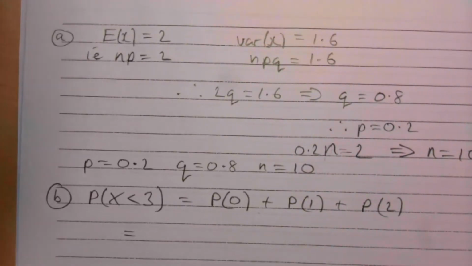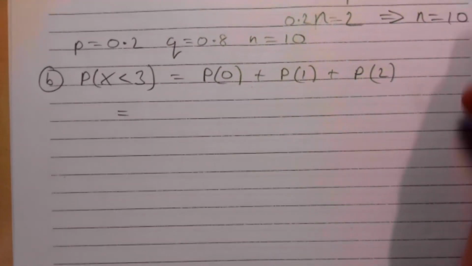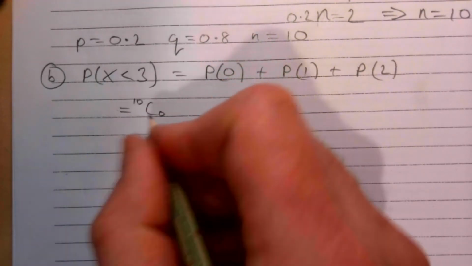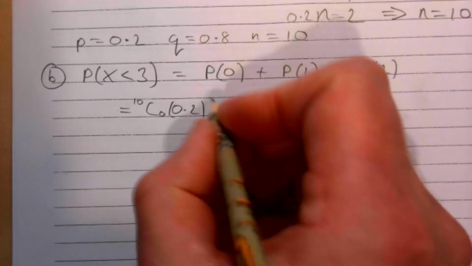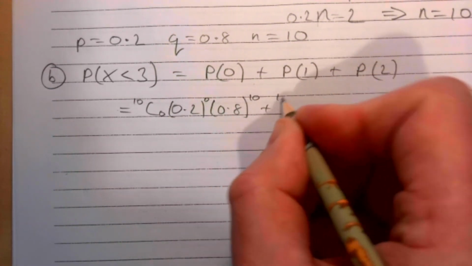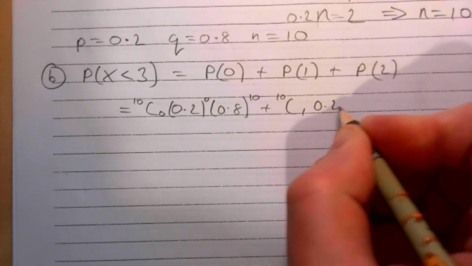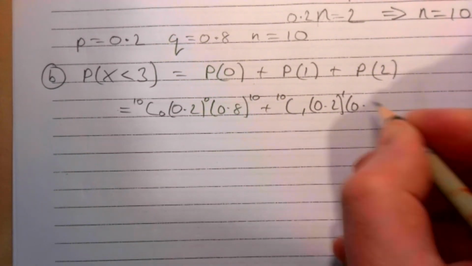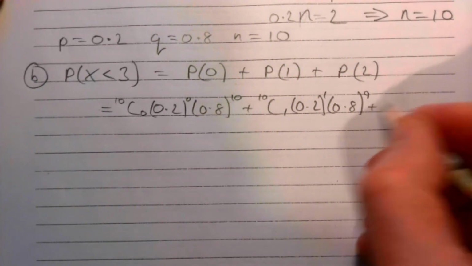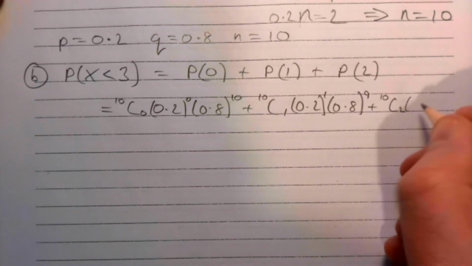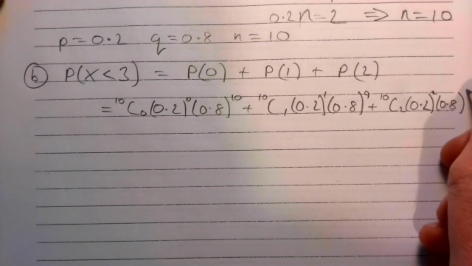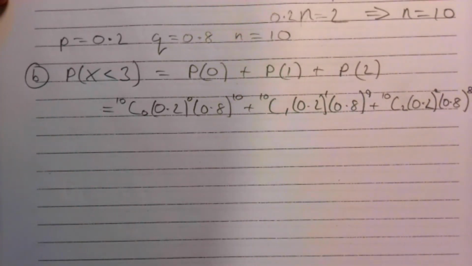That's going to give me, let's move down here, 10c0, 0.2 to the power 0, 0.8 to the power 10, plus 10c1, 0.2 to the power 1, 0.8 to the power of 9, plus 10c2, 0.2 to the power 2, 0.8 to the power of 8.